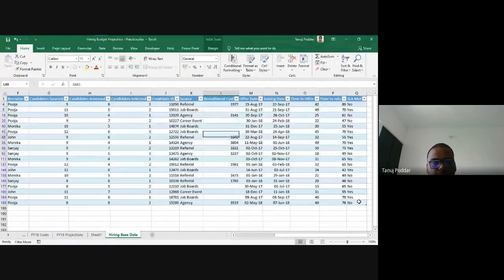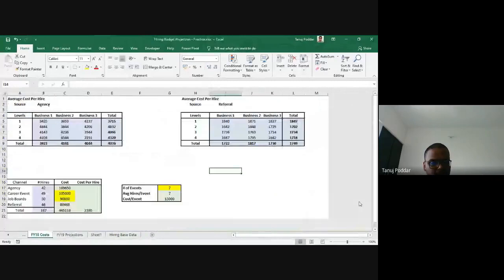So as the number of job board hires increases, my cost per employee from job boards will be visible here. It's just a little complicated formula, so I'm not sure everyone will be able to quickly follow in this section. So typically, this is a much simpler way to manage it, wherein you just put in the values.